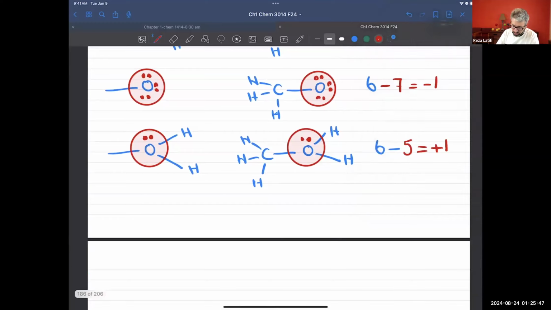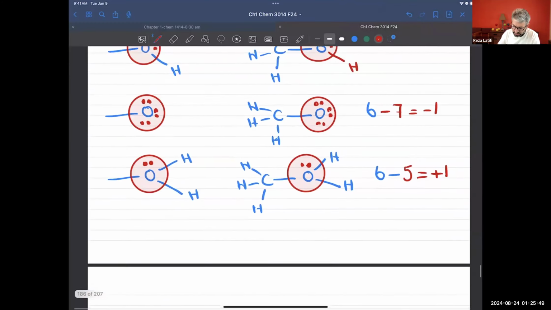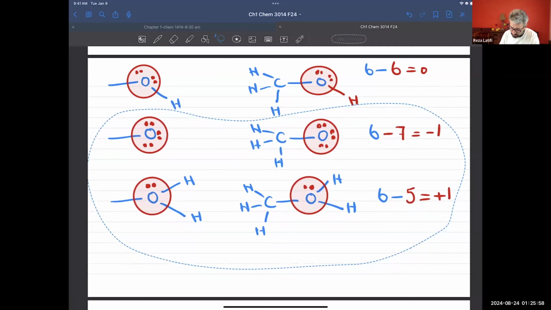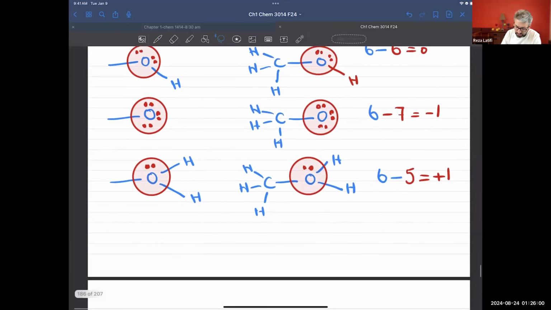What if I draw oxygen here? If I draw it this way, let me move all of this a bit up. How about this? What if I go, let's say, carbon. Your carbon is not octet.